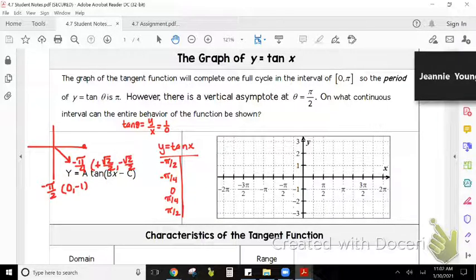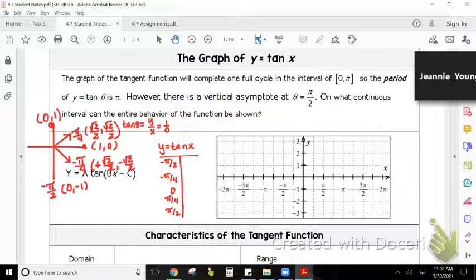I'm going to check out 0 that has the ordered pair 1, 0. Positive pi over 4, remember, has the ordered pair square root of 2 over 2, square root of 2 over 2. And then positive pi over 2 that has the ordered pair 0, 1.